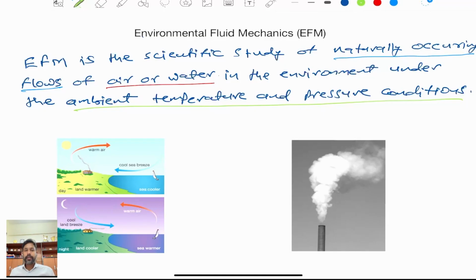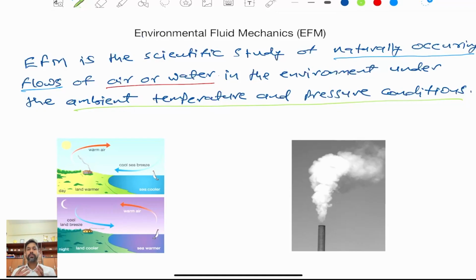So why do we focus only on air or water? That is because these are the abundant fluids which we encounter most of the time, and the environment usually is either air or water. And then within air or water, we may have different components of other gases or fluids, but they mostly work as contaminants, not really as the ambient fluid.